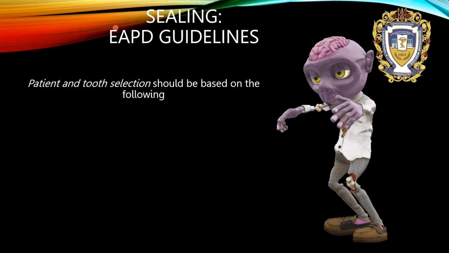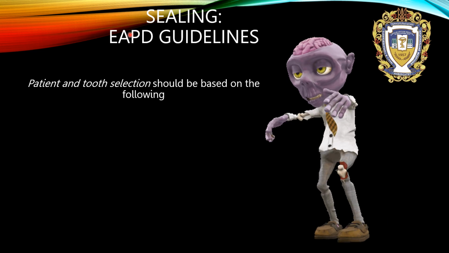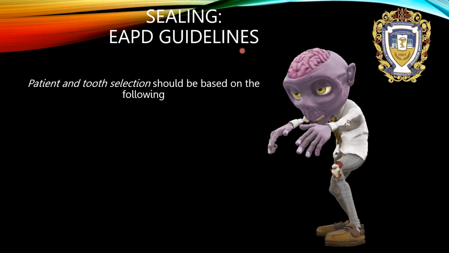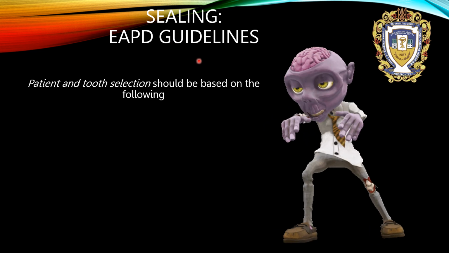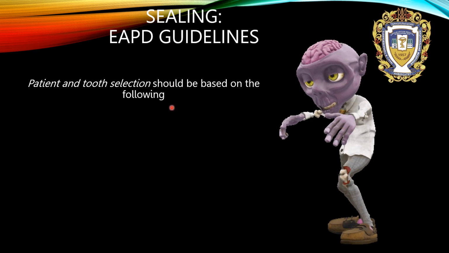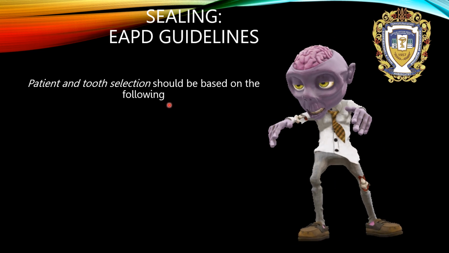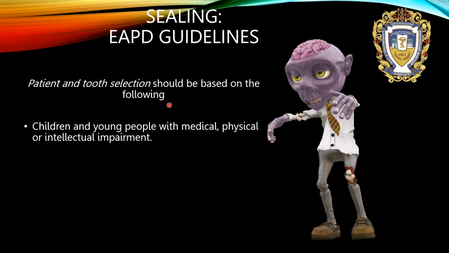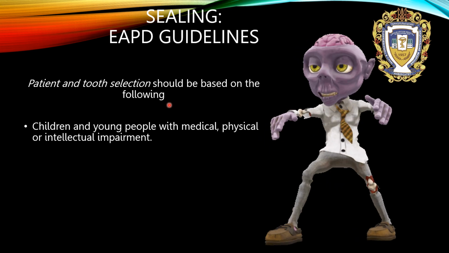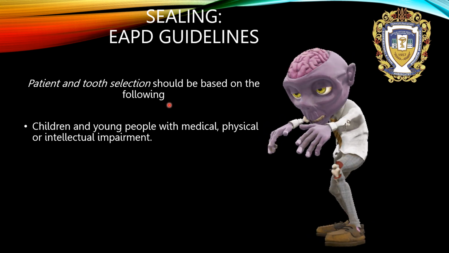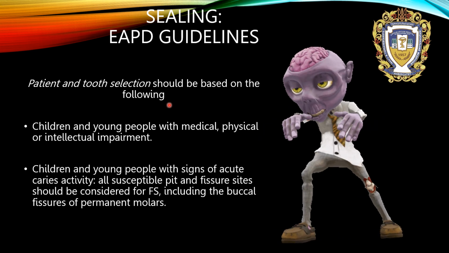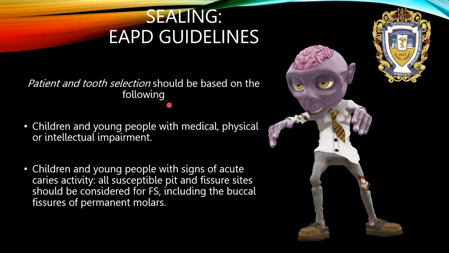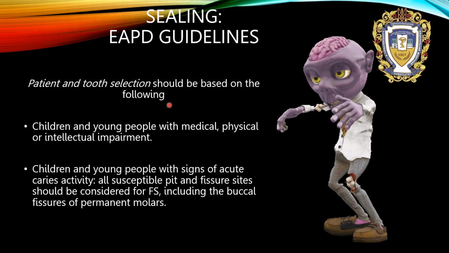The European Association of Paediatric Dentistry developed guidelines about sealing, and patient and tooth selection should be based on the following: children and young people with medical, physical, or intellectual impairment; children and young people with signs of acute caries activity.